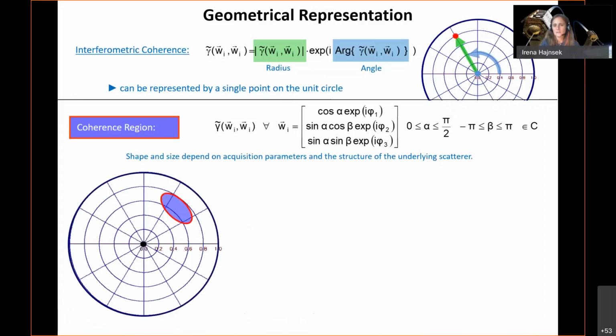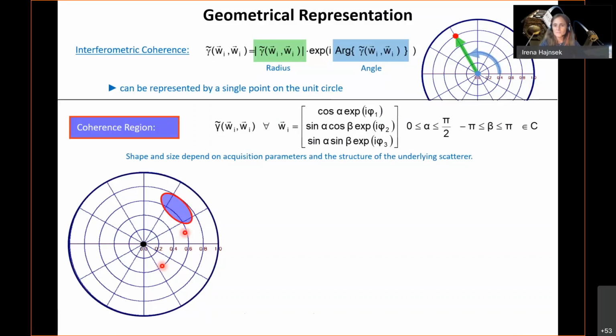A coherence region is in principle an area where all the interferometric coherences, either with diversity of polarization or with a diversity of different features, can be plotted in this unit circle.